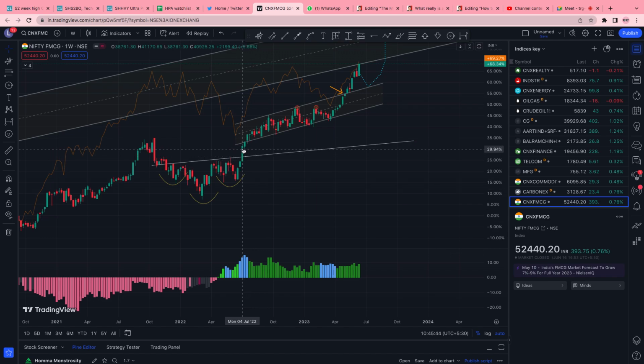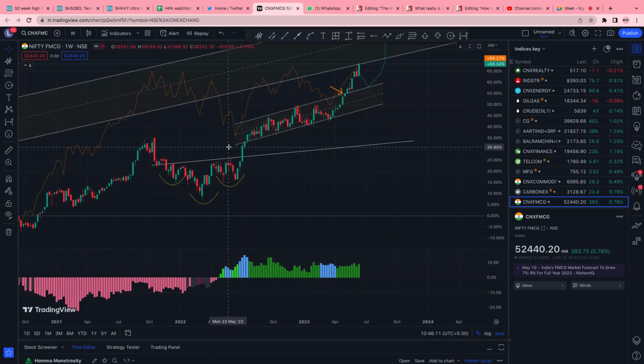So imagine right now there are some sectors which are showing what FMCG is showing here, which means that this kind of outperformance might be sustained for coming months or even years if the bull market is actually here, right? So FMCG has been a leader for some time now, and the outperformance is still visible.